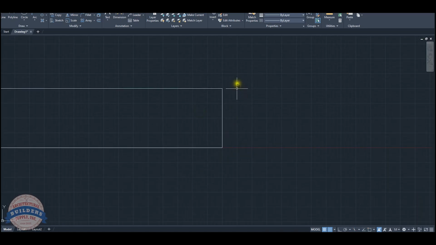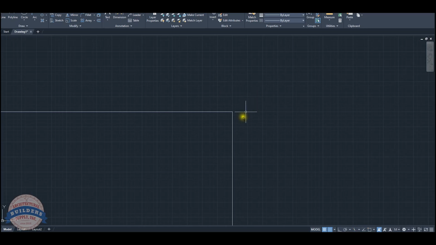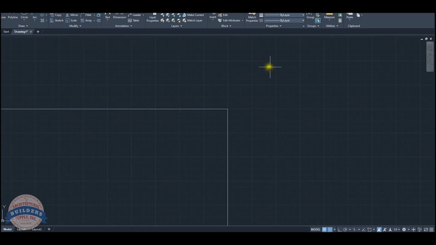What we can do from this point, though, is we can draw some more lines to give us some additional frames of reference. So let's draw a line here to here. Now let's draw a line from here to here. Okay. We know that it's going to be 1/8 of an inch over.